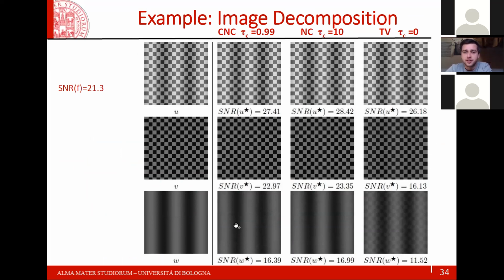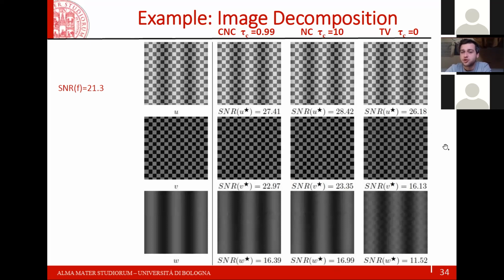Our proposed convex non-convex approach, with respect to the non-convex regime of our model, provides comparable results. Of course, in our case, we can say that we have arrived at a global minimizer, whereas for the non-convex model, we have used the same ADMM strategy.